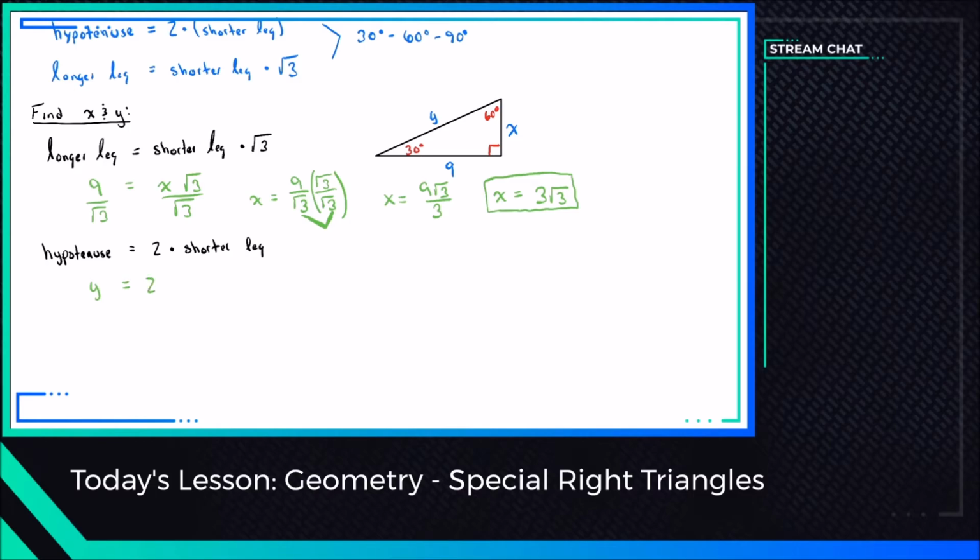So all we need to do is take 2 and multiply that by 3 root 3. Or in other words, 6 root 3 is going to be equal to y, because all we're going to do is take this 2 and this 3, multiply them together to get 6. We're going to leave the radical alone, and so we're going to get 6 times the square root of 3.